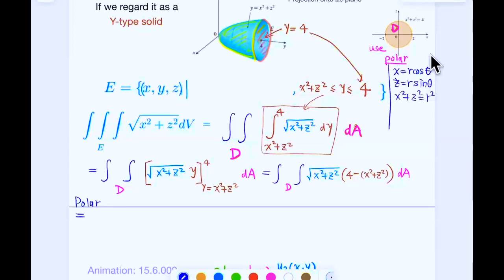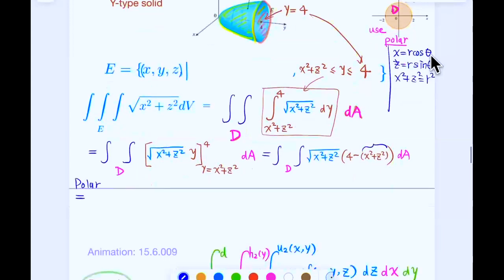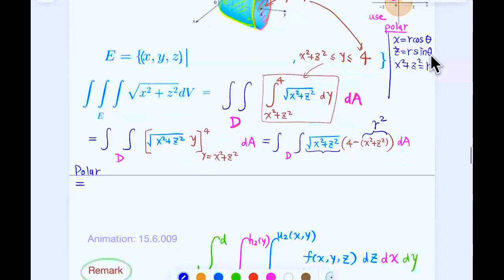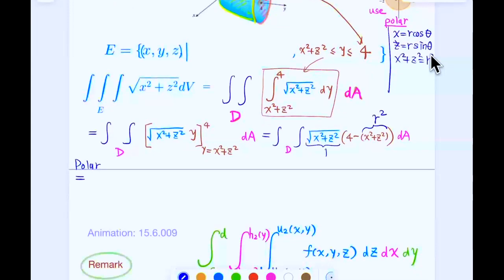So now x squared plus z squared here, you're going to replace by r squared, right? And this one here is this what? This is r, okay? Let's do that. So we're going to have r times 4 minus r squared.